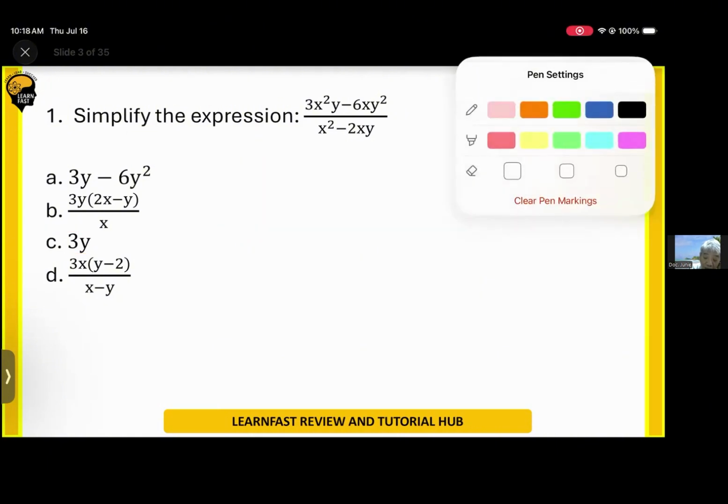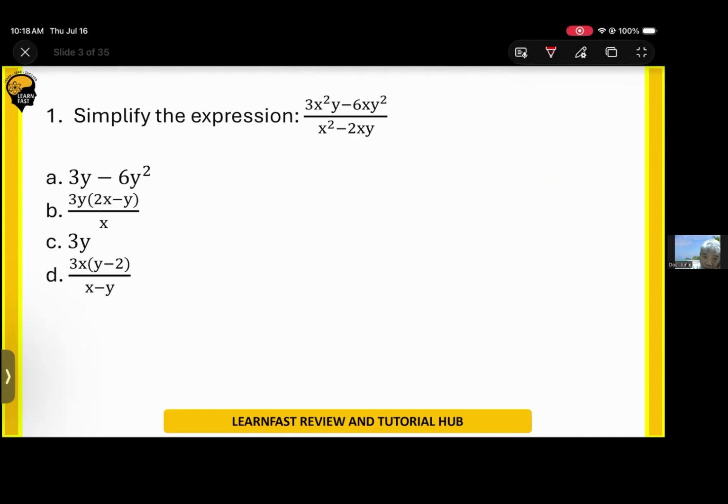Deductive means you have to answer the problem in a traditional manner. So I will rewrite it to contain the factors of the numerator and the factors of the denominator. We shall use the greatest common factor. The greatest common factor between 3 and 6 is 3. The greatest common factor between x squared and x is x.